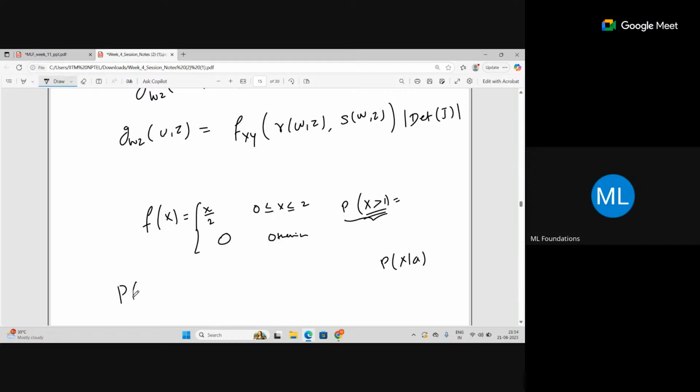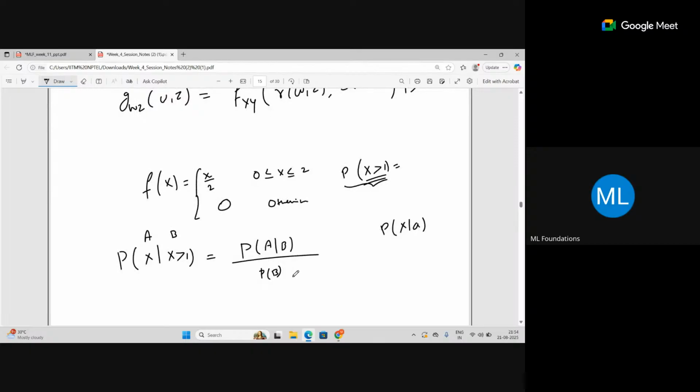So basically you wanted to find the probability of x given x is greater than 1. Yes, sir. So let's say this is event A and this is event B. The conditional density should be probability of A given B, which is the probability of A intersection B divided by the probability of B. X is over the entire range 0 to 2, and B is x greater than 1.